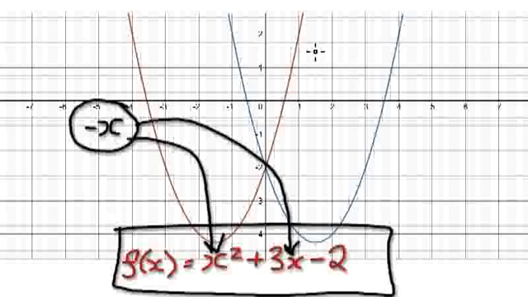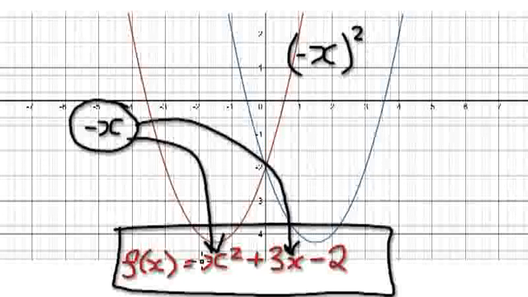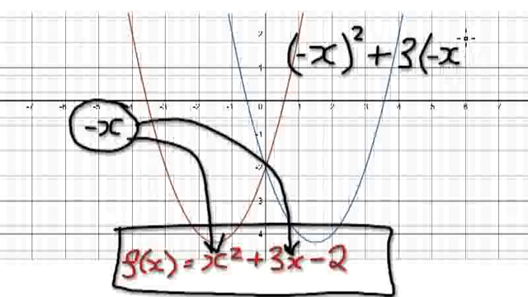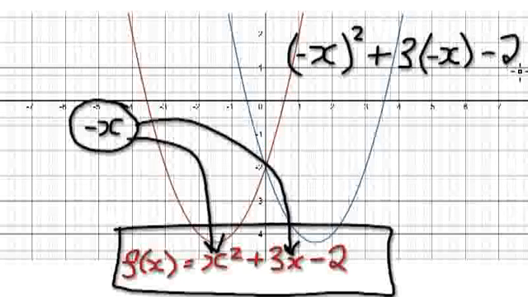So it will look like this. Hang on. Negative x, okay, squared. So that's this taken care of. Plus 3 times negative x here, and then minus 2.